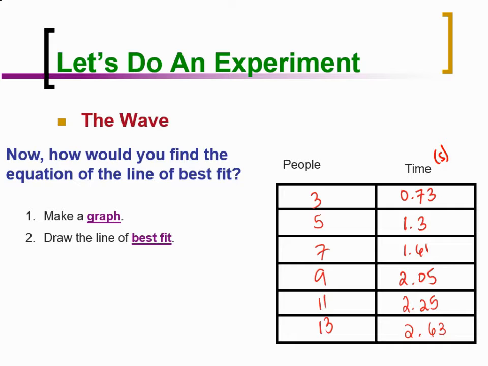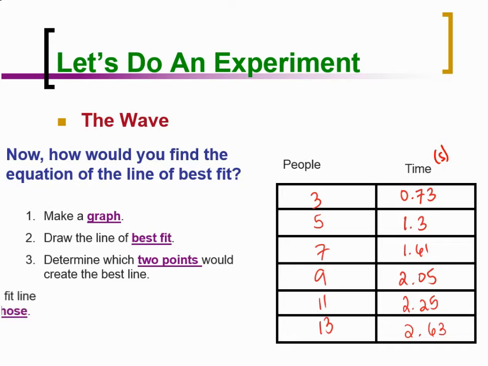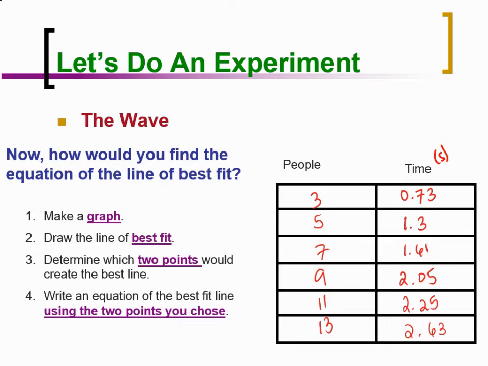We'll pick 2 points in the data that would best represent a line that would go through and kind of average out our data. If we have those 2 points on that best fit line, with all the equation work we've done, we could then write an equation for that line using the 2 points. So find the slope between them, use one of the points to fill into point slope form, and then maybe transform it to slope intercept.